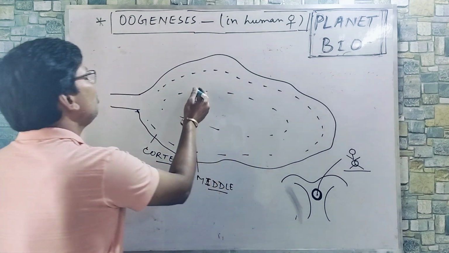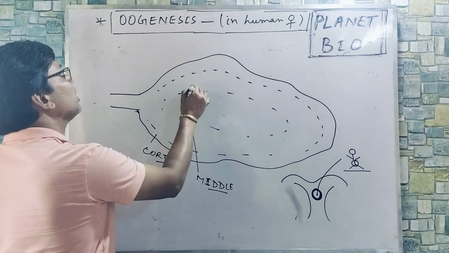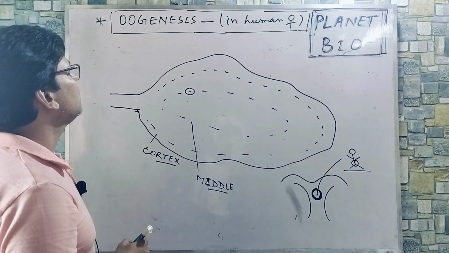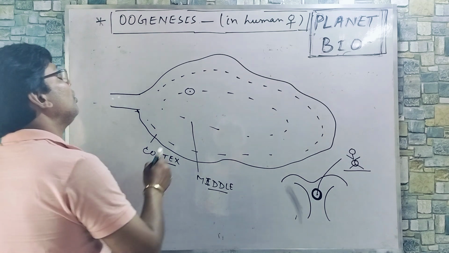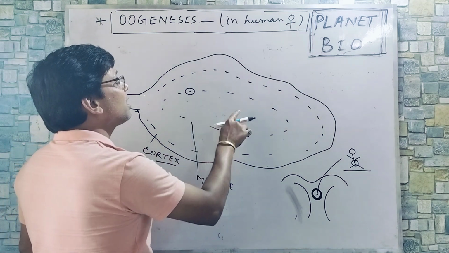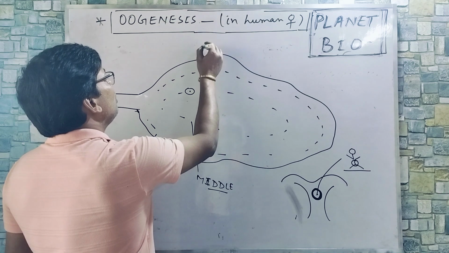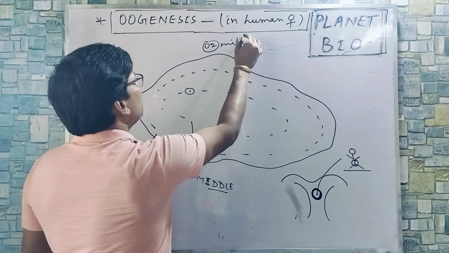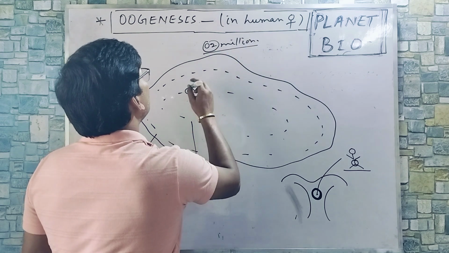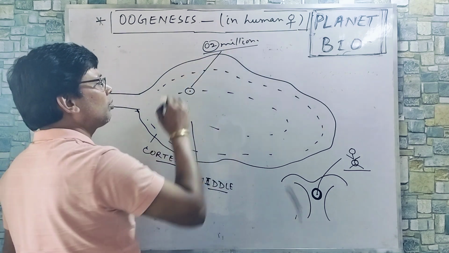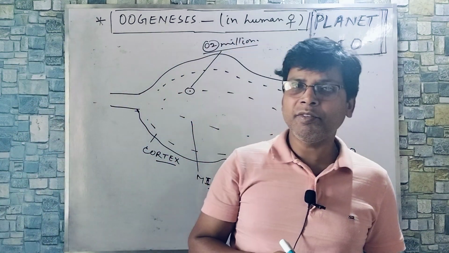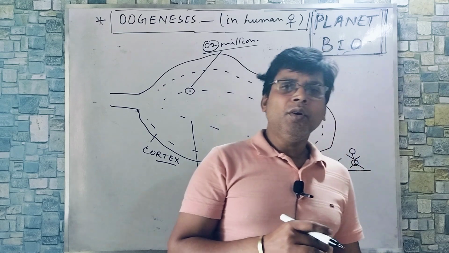And it is believed that in a single ovary, about 2 million, couple of million oogonia or ova mother cells are formed. But as the human female attains puberty, what happens?